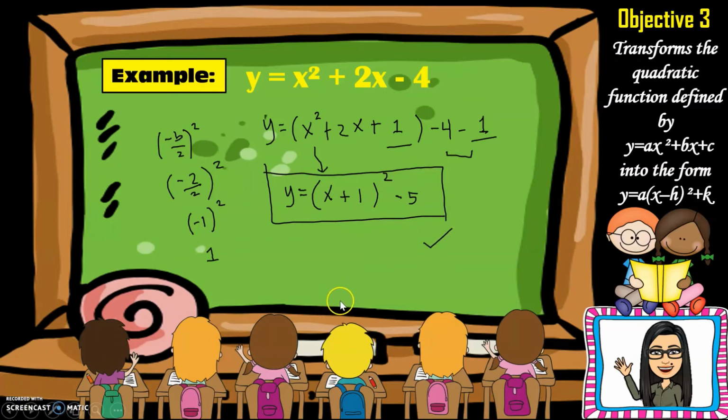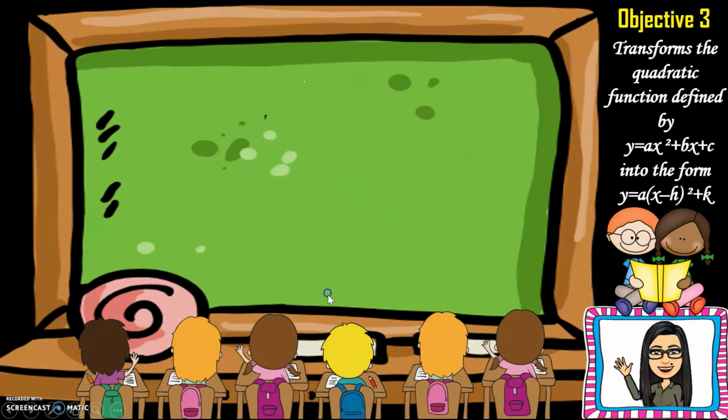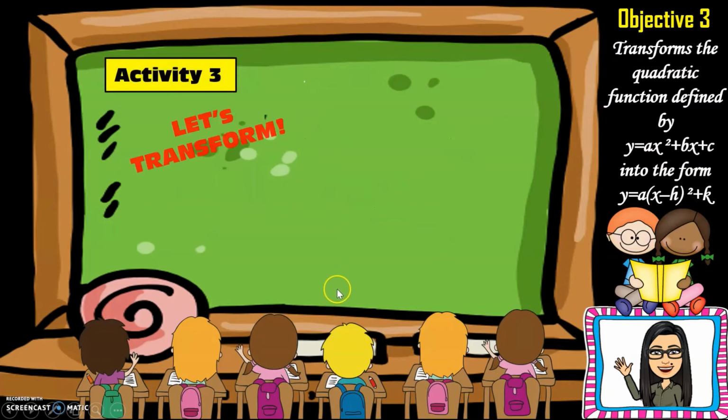Since we're done with our 3 examples, it's now time to check if you really understand how to transform the quadratic function into a vertex form. So let's check it using this activity. This activity is called let's transform. I will give you a quadratic function and then you will transform it into a vertex form.